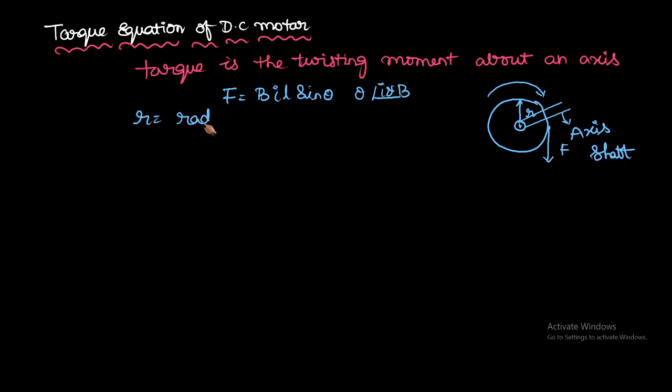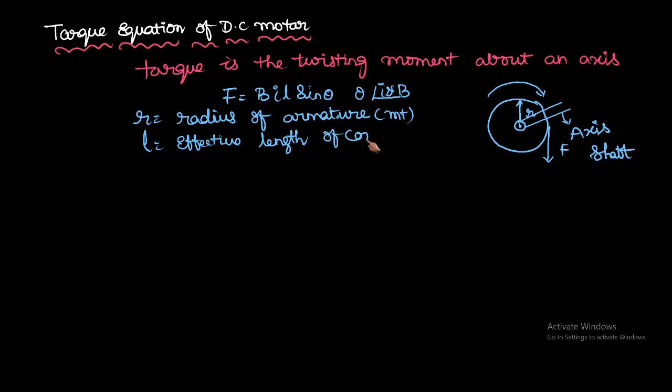R is the radius of the armature in meters. L is the effective length of the conductor in meters.